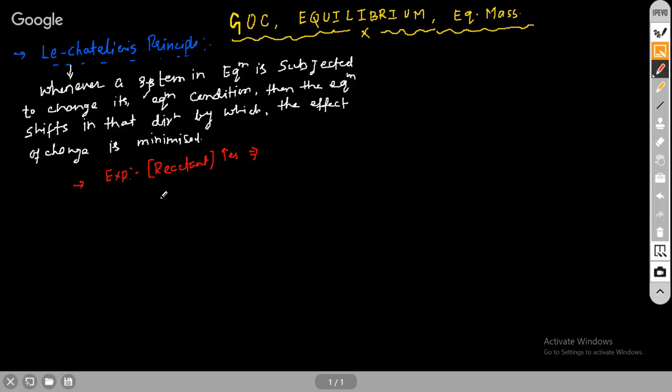The two directions are possible, either forward or backward. When we increase the concentration, if the reaction goes in the forward direction, then the concentration of reactant will decrease. And if it goes in the backward direction, the concentration of reactant will increase. So that's what Le Chatelier's principle says: whatever change you have done, the equilibrium shifts in that direction by which that change will be minimized.